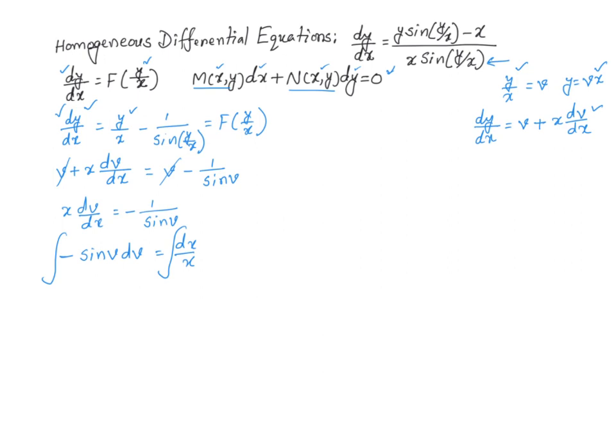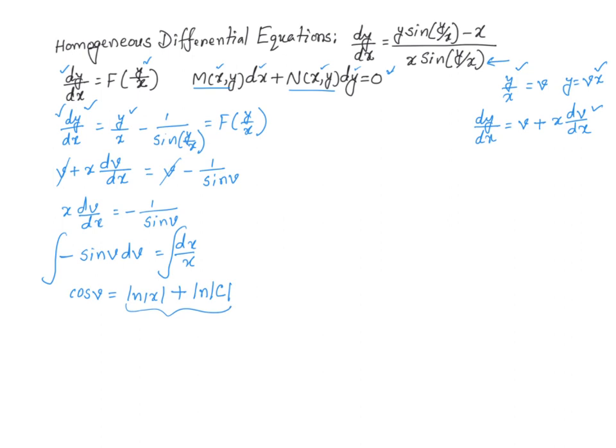The integral of negative sine of v dv is nothing but cosine of v, right? So that is going to be equal to ln of absolute value of x plus some constant, let's call it ln of absolute value of c. Here I have used ln of absolute value of c instead of just c only to be able to combine these terms.